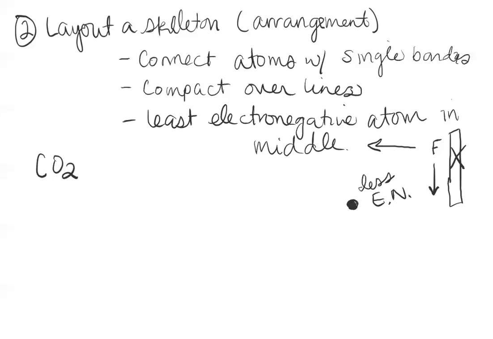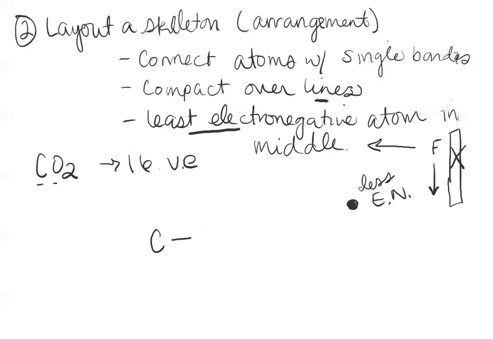If we go back to our original thing, we've got CO2, and we want 16 valence electrons. So connect atoms with single bonds, compact structures over line structures, and least electronegative in the middle. I've got the choice of a carbon or an oxygen. Carbon is least electronegative, so I put that in the middle.